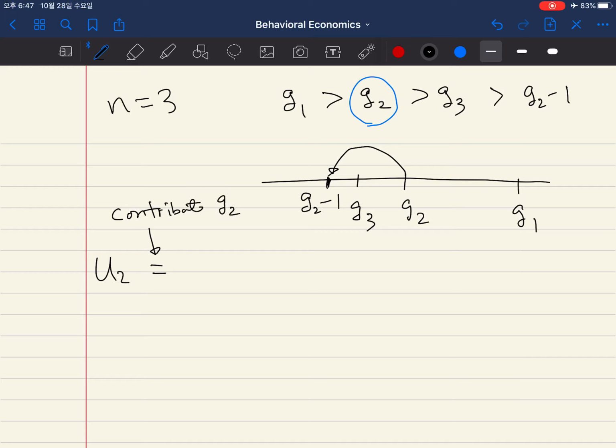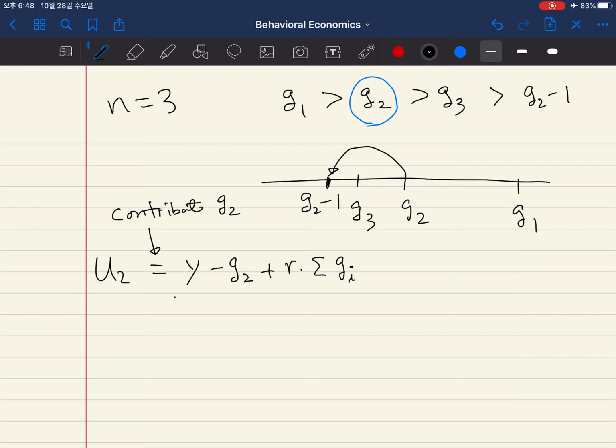G2. In this case, the second individual's utility is equal to, first, material payoff: income Y minus contribution G2 plus R times total public good, where total public good is equal to G1 plus G2 plus G3.